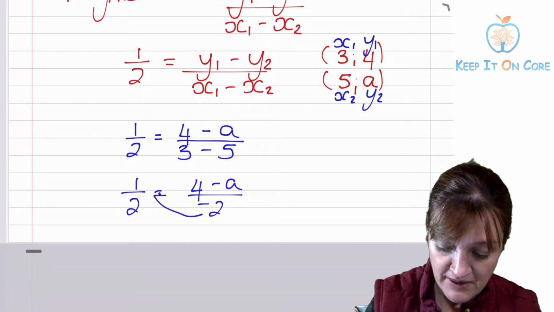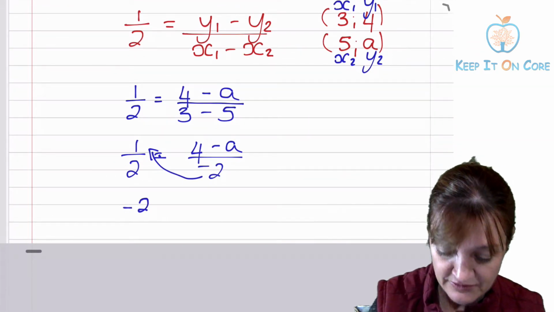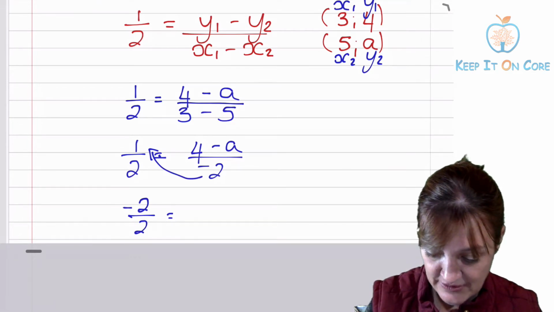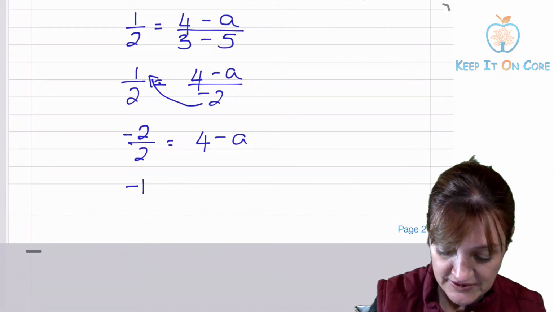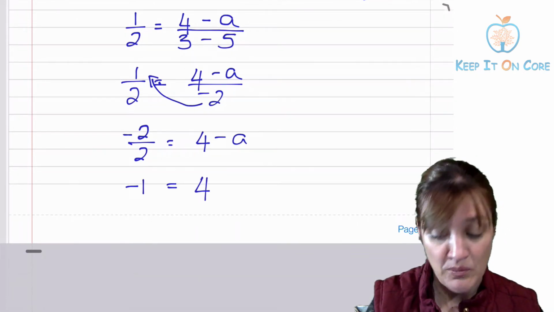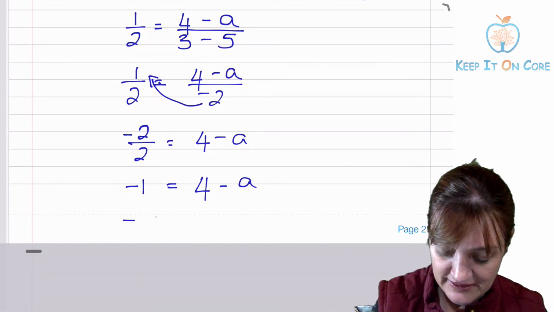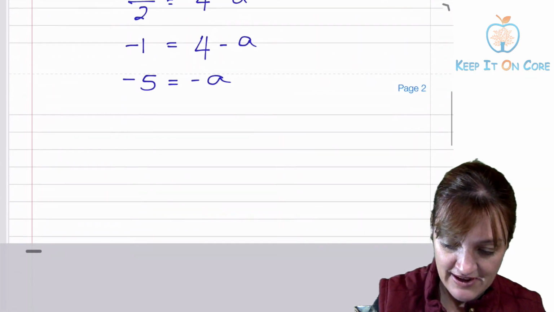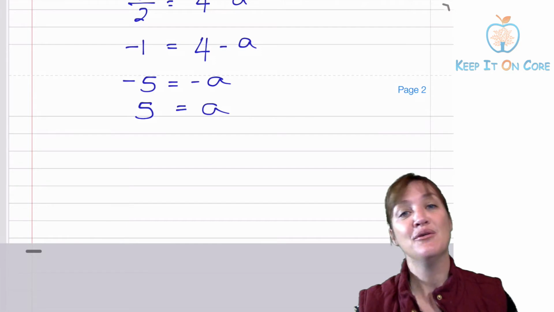I'm going to multiply negative 2 up on the other side, which means I'm landing up with negative 2 times 1, which is just negative 2, over 2 is equal to 4 minus a. Negative 2 over 2 is negative 1, which equals 4 minus a, and we solve for a. So we're getting negative 5 equals negative a, and finally 5 is your missing value for a.